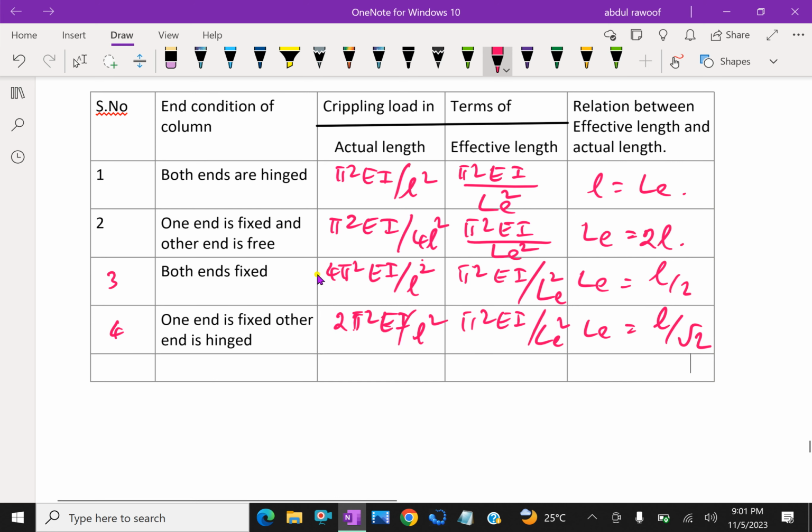These are the conditions for effective length and actual length of the column.